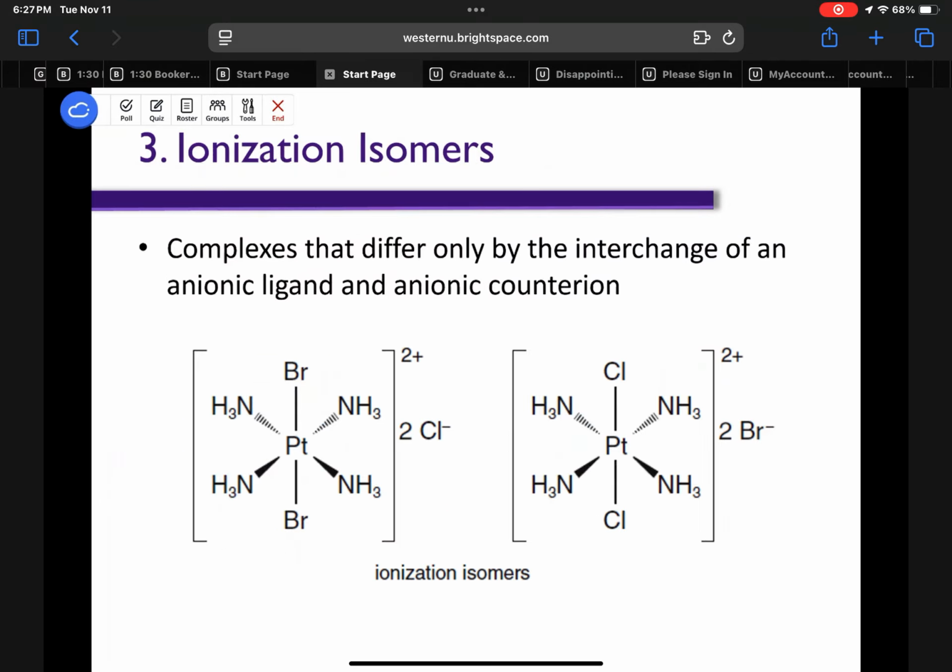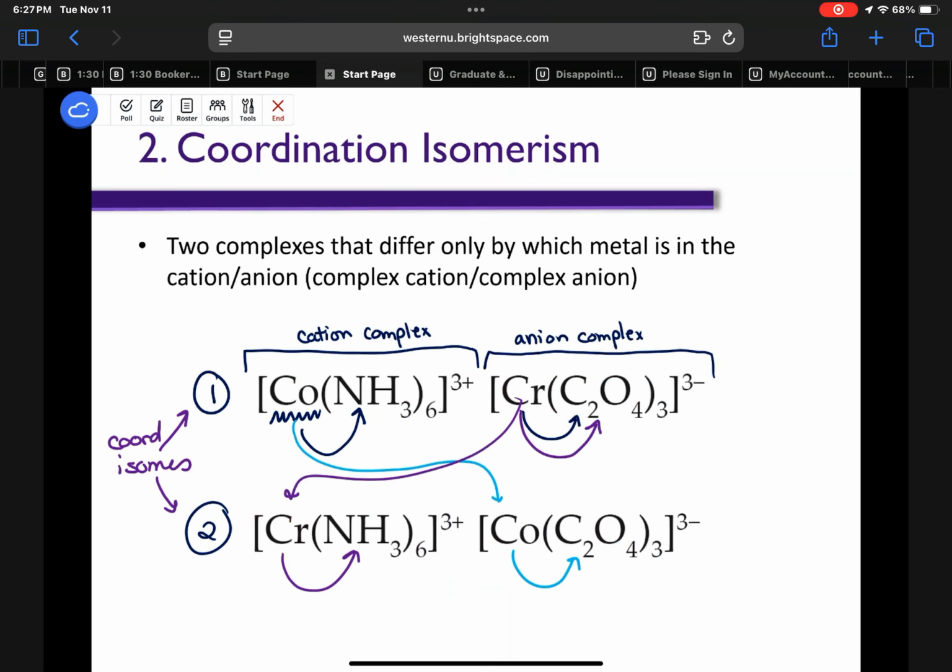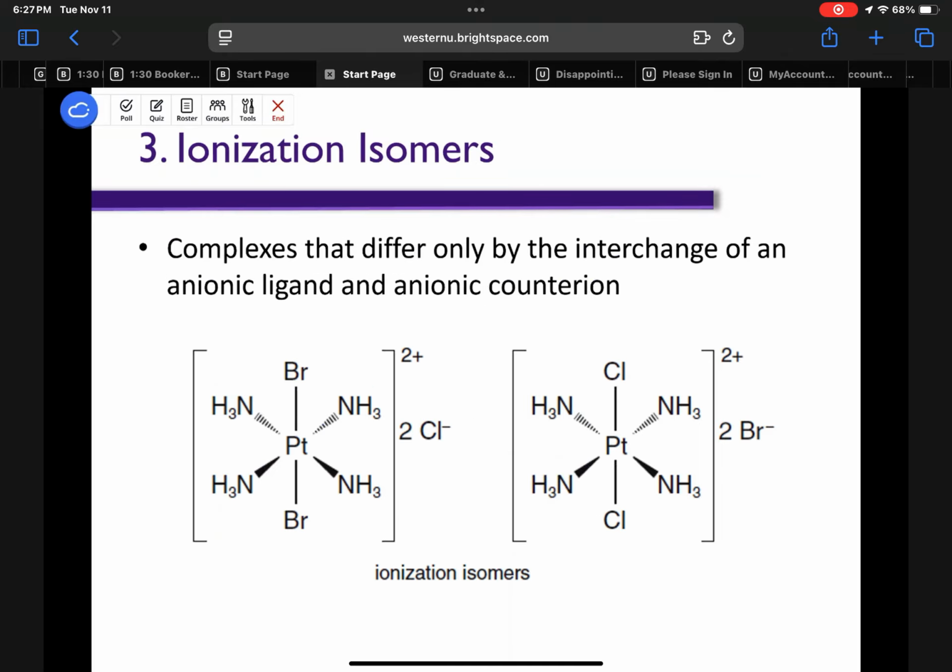Okay, number 3, and I will admit, the names can sometimes get a little bit mushy, so come up with a strategy to be able to distinguish between these different isomers. So rather than coordinating around different metal cations, now we're looking at the counter ion, so the ionization isomer.